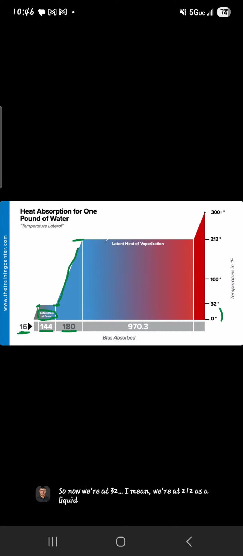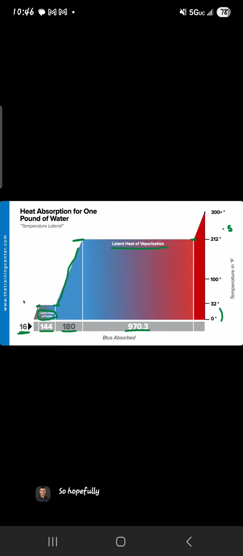Now to switch from a liquid to steam, we have to add 970 BTUs, and this is known as the latent heat of vaporization. So now we're a vapor at 212, and we already know that steam is 0.5. Depending on how high you want to go in temperature, we multiply that by 0.5, and in this case we'll get up to 300 or plus.